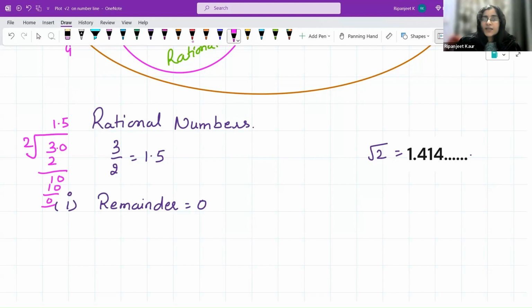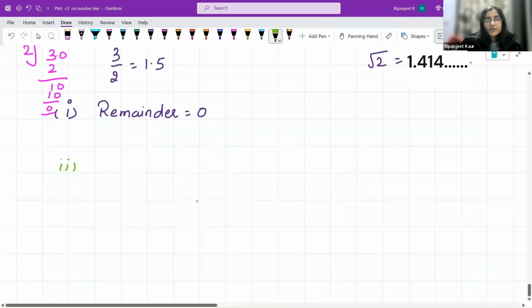Now what is the second case? Well, the second case is we have 1 over 3, or let us say 10 over 3. If we divide 10 by 3, well, 3 threes are 9. 1 is left. We put a point over here, 0, and then we take down this 0. 10 again becomes 3. Then again 9. 1 is left. Take down 0.